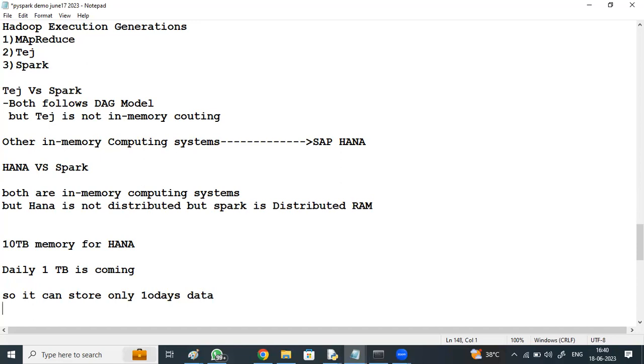To store the 11th day's data, the first day's data has to be removed. To store the 12th day's data, the second day's data has to be removed, right? So we cannot increase this.